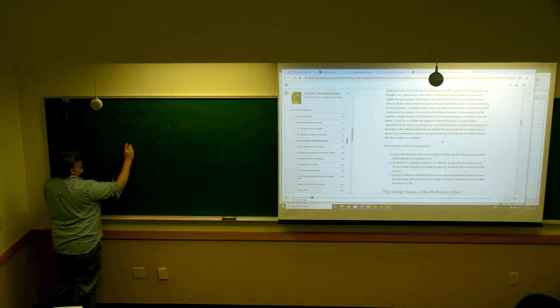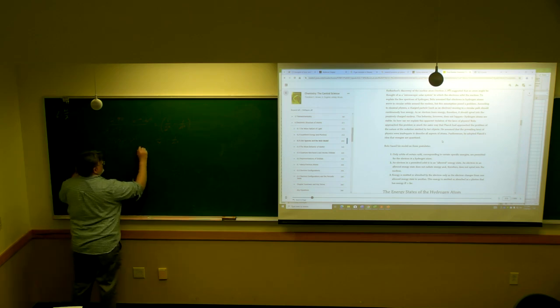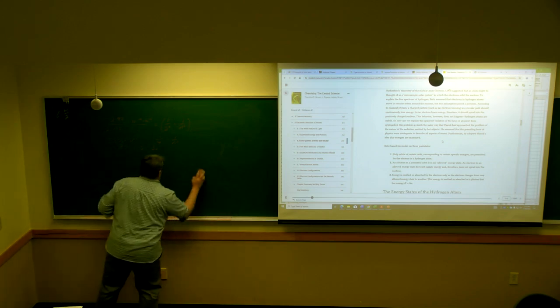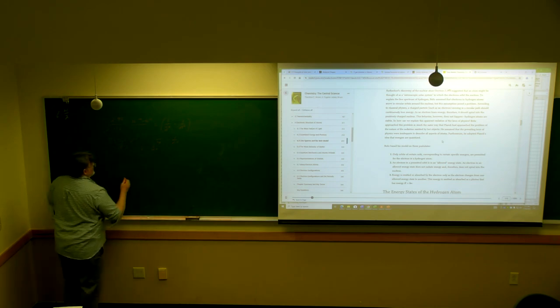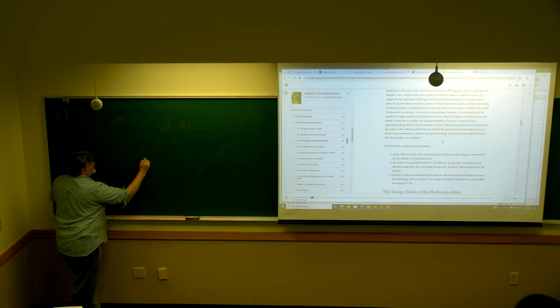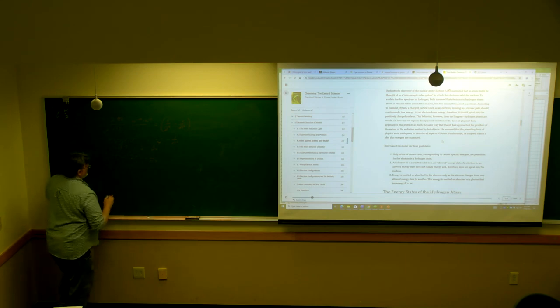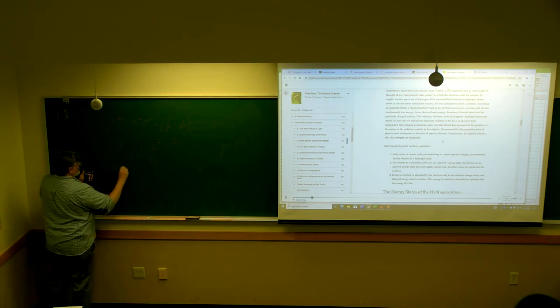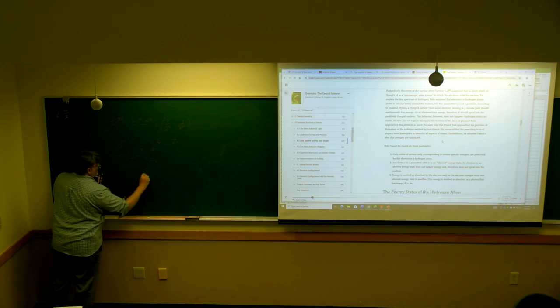Now 1 over 4 is 0.25, so I'm going to subtract that from both sides. 0.137 minus 0.25, negative 0.113 equals negative 1 over n squared.